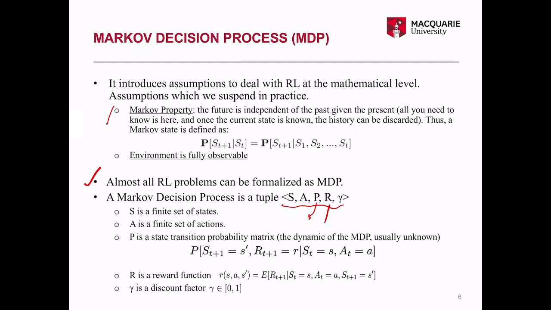When all these components are available, you can solve it with a model-based or model-free reinforcement learning algorithm. And you will see one application of that today for image captioning and text generation.